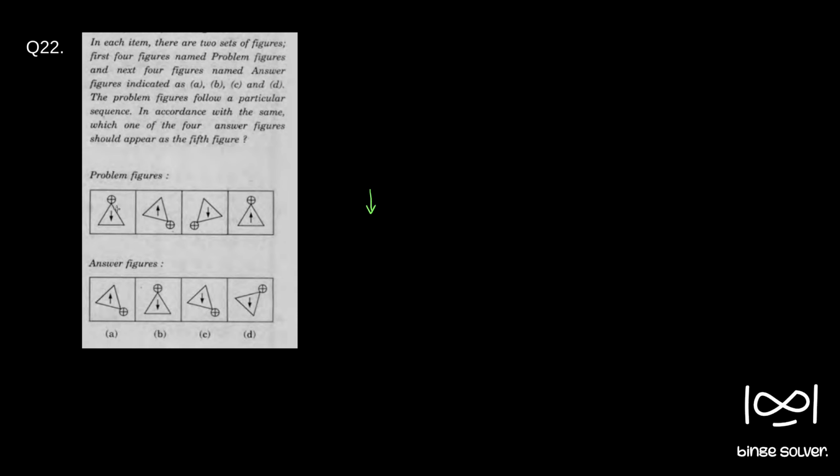First one here, second one here, third one here, fourth one back to the top position. So the fifth one should be like this, the triangle should be like this. The answer matching that is C. The solution to question 22 is C.